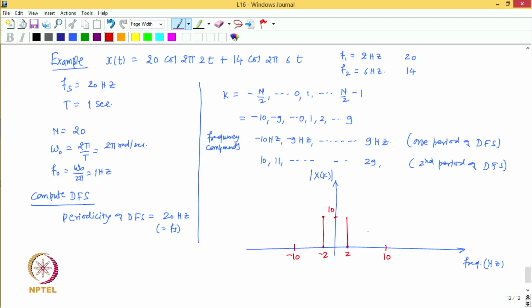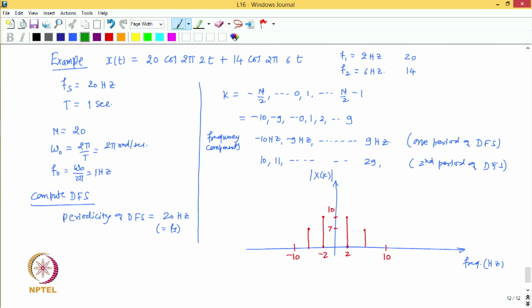Similarly there will be another component at 6 hertz and at minus 6 hertz, and the amplitude of this component would be 7. And if we compute from 10 to 29 hertz, that would be a repetition of this spectrum from minus 10 to plus 10.